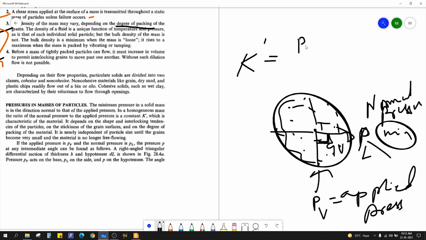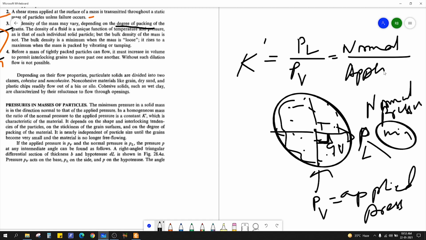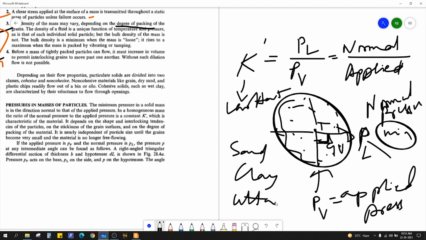If you take the ratio of PL and the applied pressure, applied you can apply with hand or some machine, it's a different thing. So normal pressure divided by applied pressure is defined as K dash. It's a constant. If you ask me what is the K dash for sand, clay and atta, all will be different for these three materials.